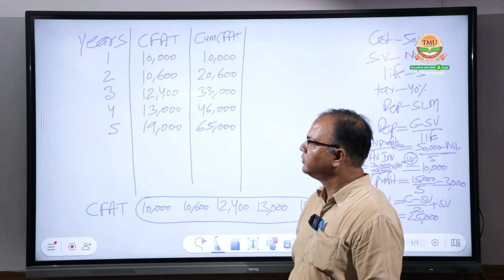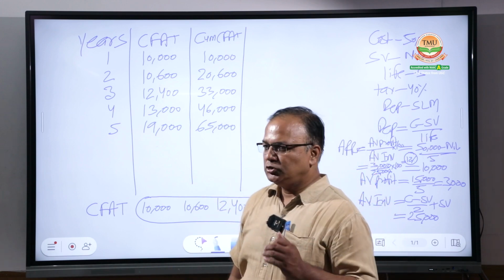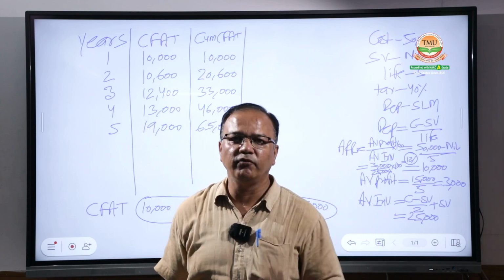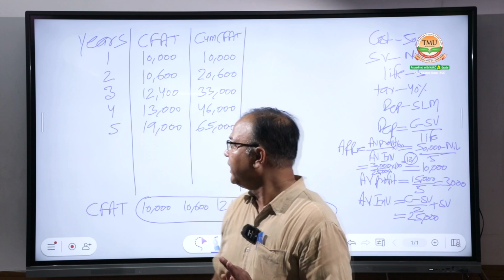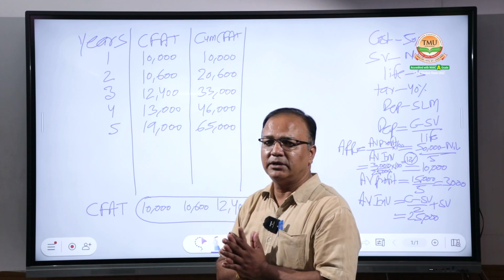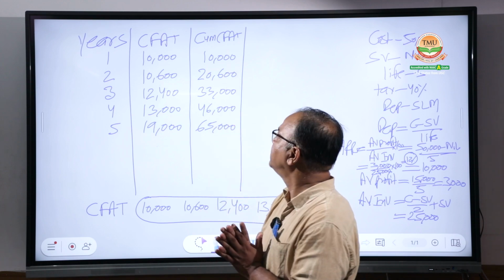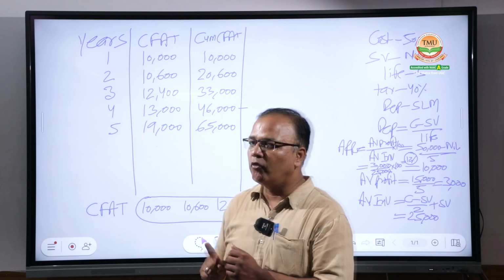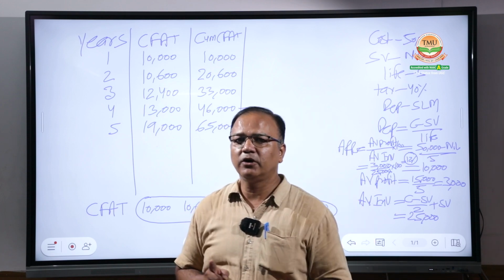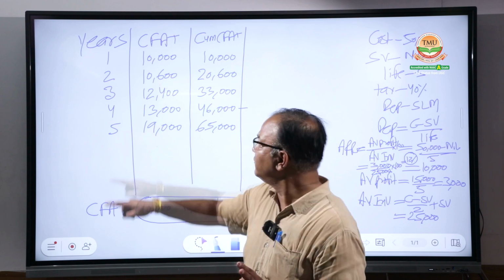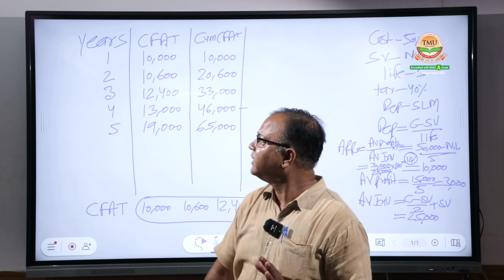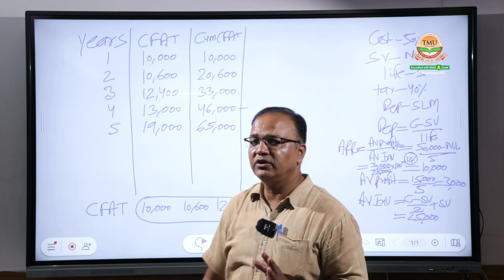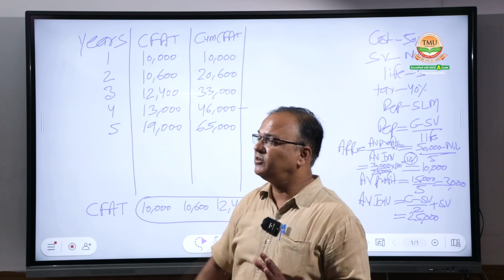Now, you have to find out the exact point where we are recovering the investment. If we see column number 3, it's very much clear that in year 4, we have recovered rupees 46,000 because in first year we received 10,000, in second year 10,600, in third year 12,400, in fourth year 13,000.